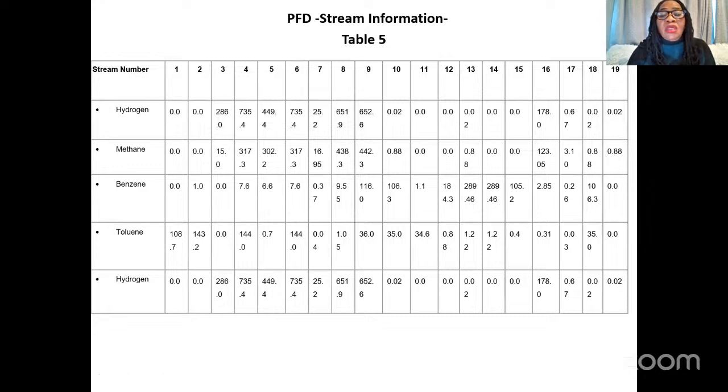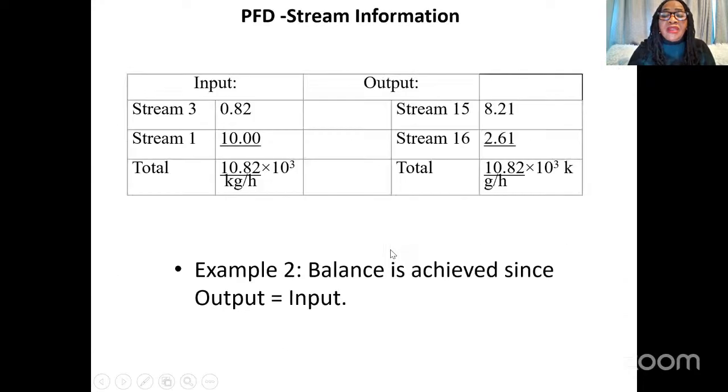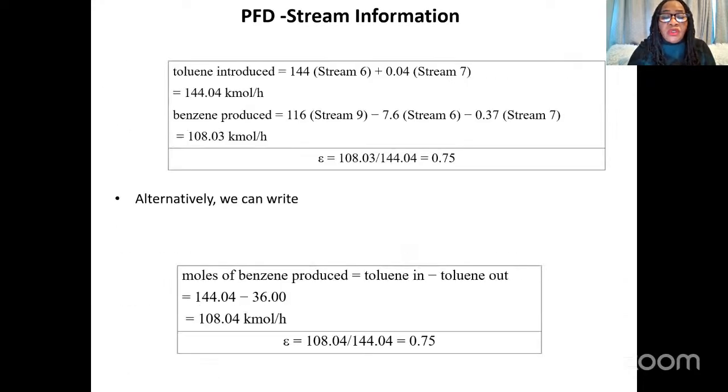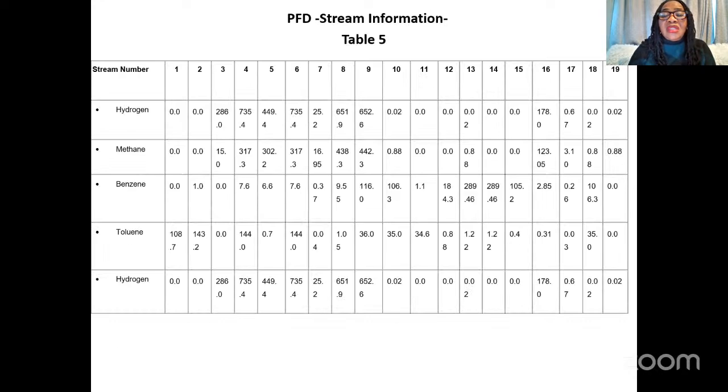Now we go and look at toluene out. The output here. Let's go back there. So toluene out is 36. See it here. Toluene output, where the output is 9. Remember that stream 9 is the output stream. So for toluene that comes out here is 36.